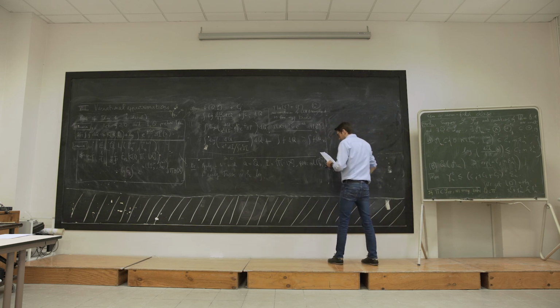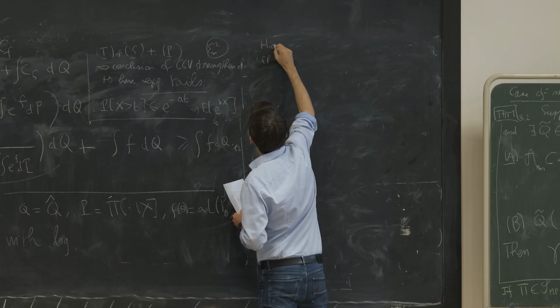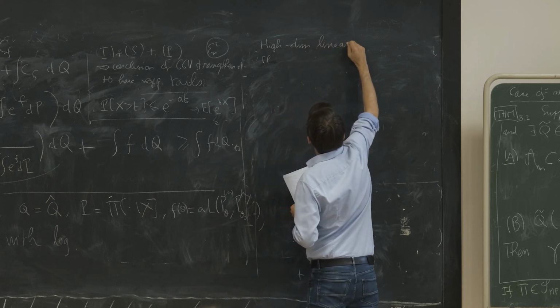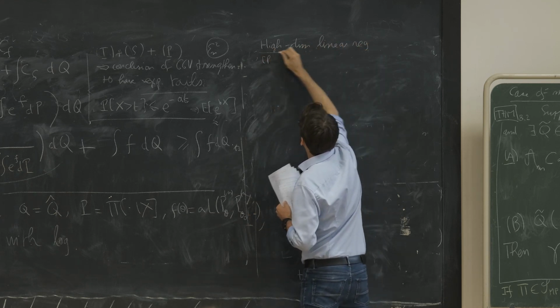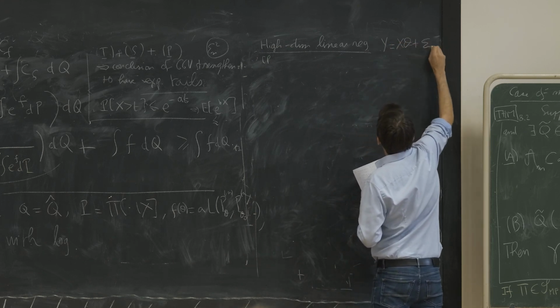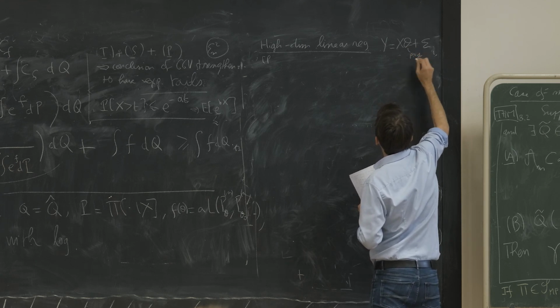And also with the, okay, so recall the model x theta plus epsilon. We are in high dimensions, so p can be much bigger than n.